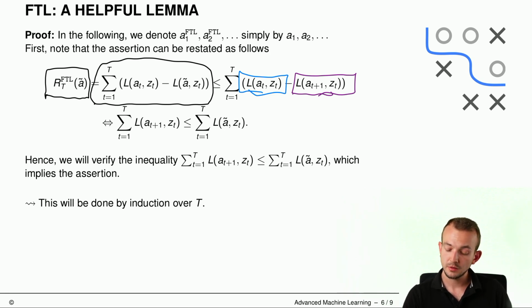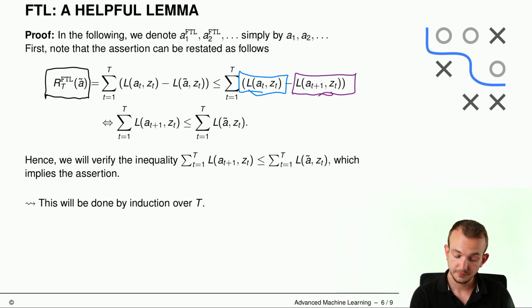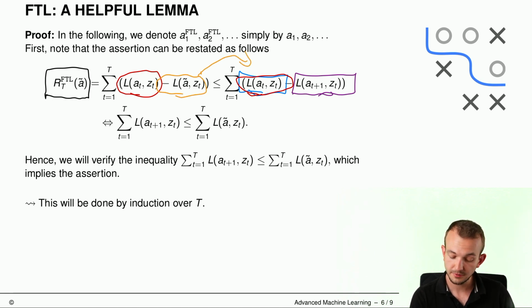And now we can simply look at these terms more exactly, and we see, okay, this here and this here, they are the same. So if we subtract on both sides the sum over them, they disappear. Now what we can do is we can bring the remaining sum on this side.